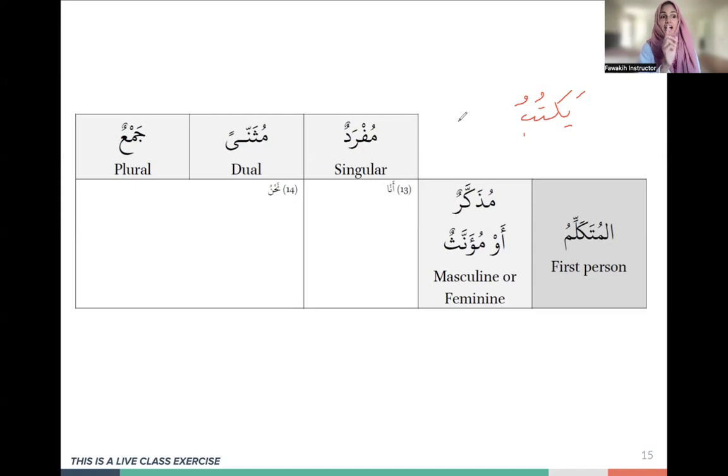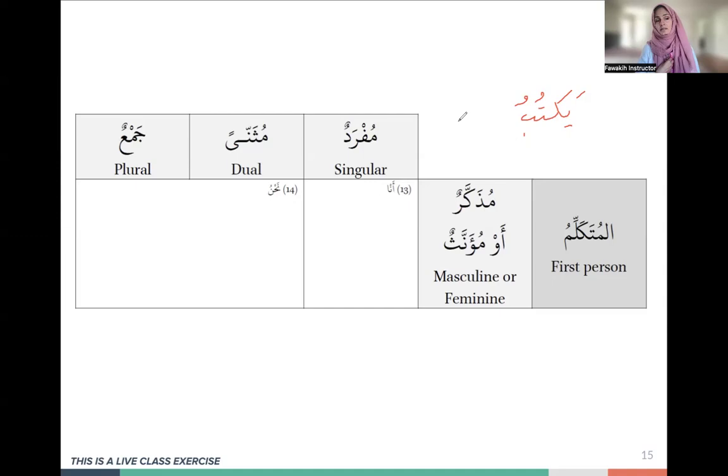They're feeling left out. Okay. Anti taktubina. Then antuma. No, it's going to be exactly the same as what you did for antuma for the men. It's the same word, and you got it right for the men. So anti taktubina, antuma taktubani. And then antunna: أنتن تكتبن.